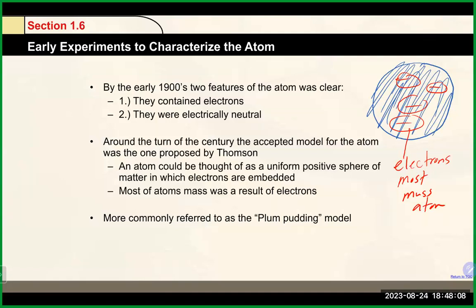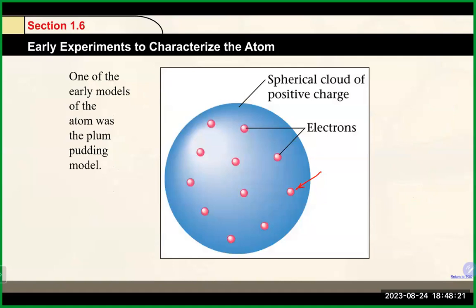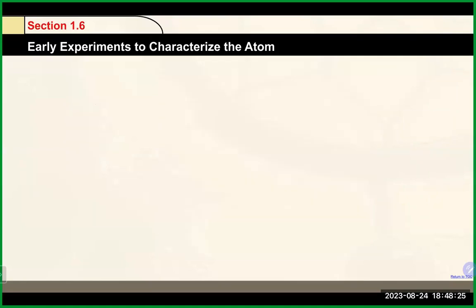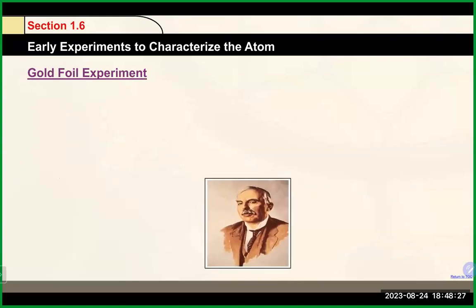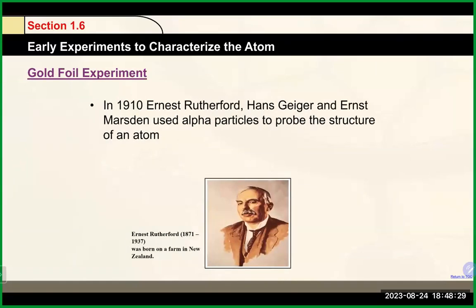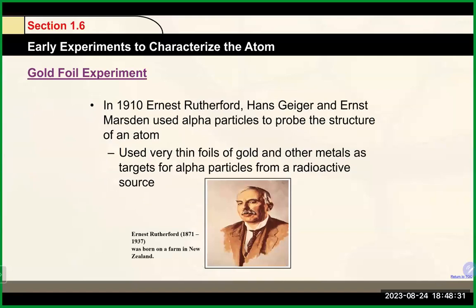We have all this positive charge spread out, with electrons embedded inside of it, and the electrons are really the most massive part of an atom. There's a much better picture than what I drew. This was the accepted version until the next really big experiment happened, and that was Rutherford and the gold foil experiment.